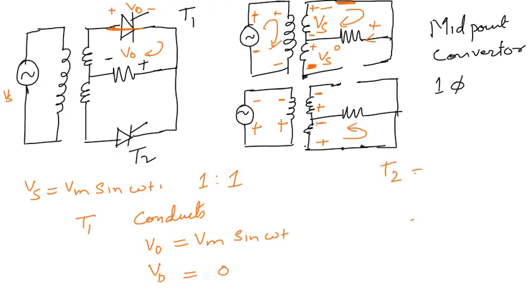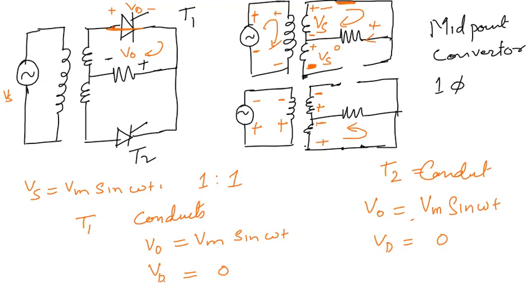So when T2 conducts, V naught will be Vm sin omega t, and Vd is 0. Vd is the voltage across the device. Sorry, here I will take two types.